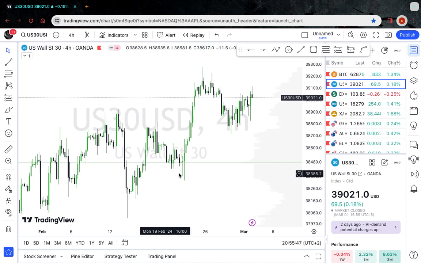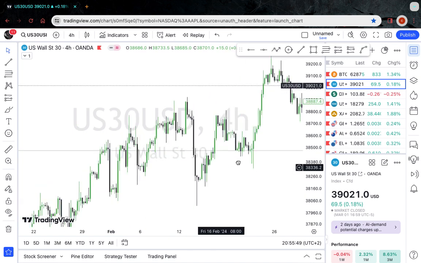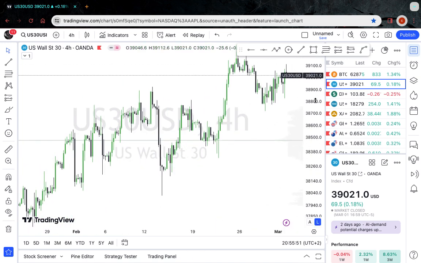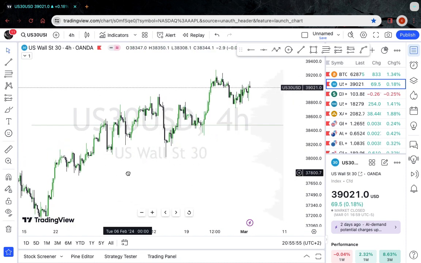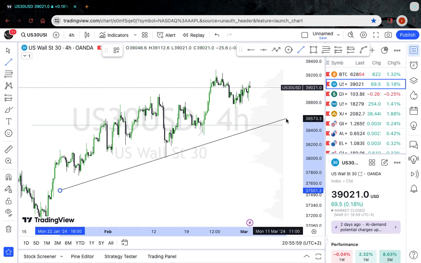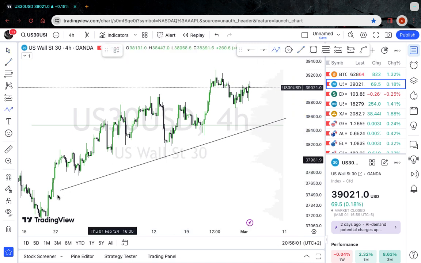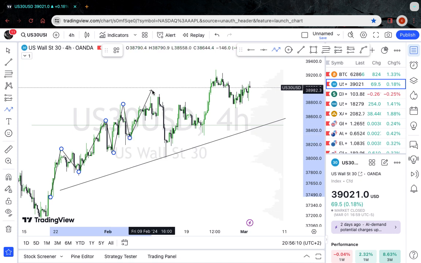So let's get it. As you can see, this is our USDT chart on H4. USDT is very bullish. It's been creating highs and breaking them, meaning it's been creating new highs.